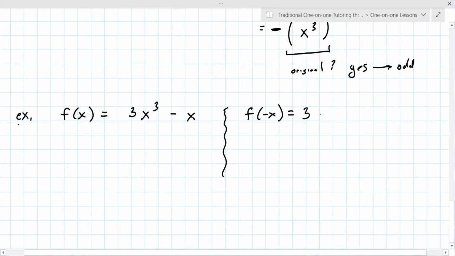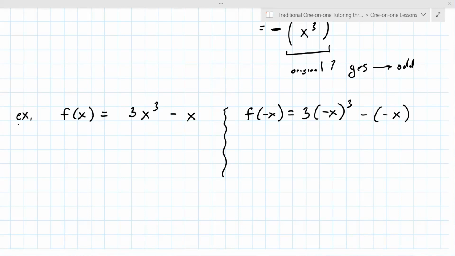If it's not clear, you're substituting a negative x for x wherever you see an x. And again, I'm doing it in parentheses, and I really recommend you do that. It really will help in the long term, if you can remember to do that. Just makes it easier with signs, things like that.